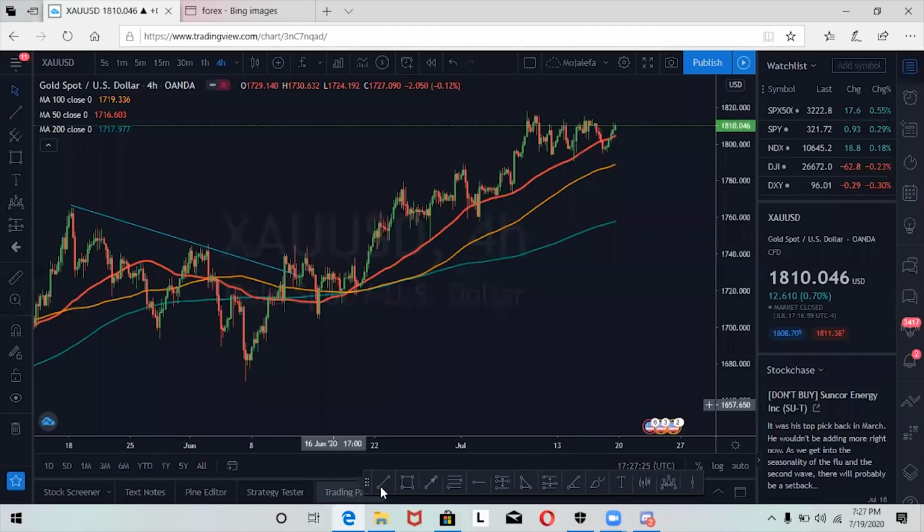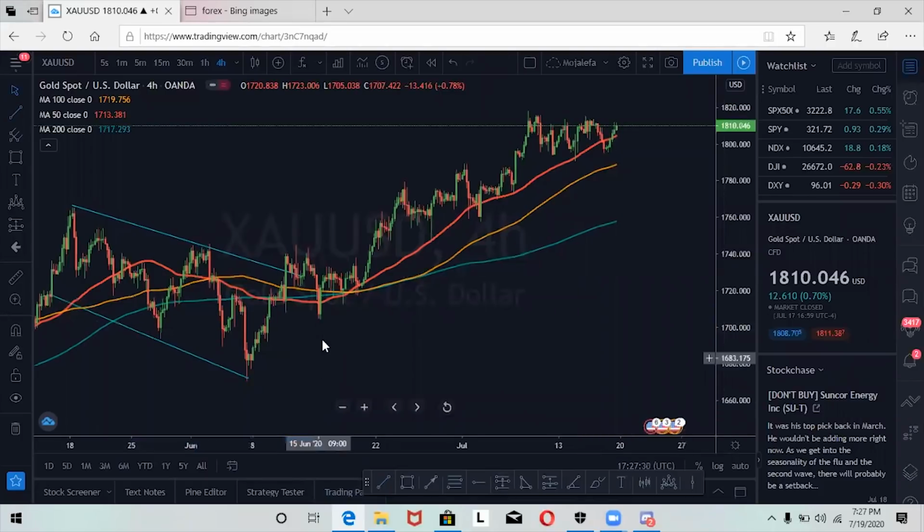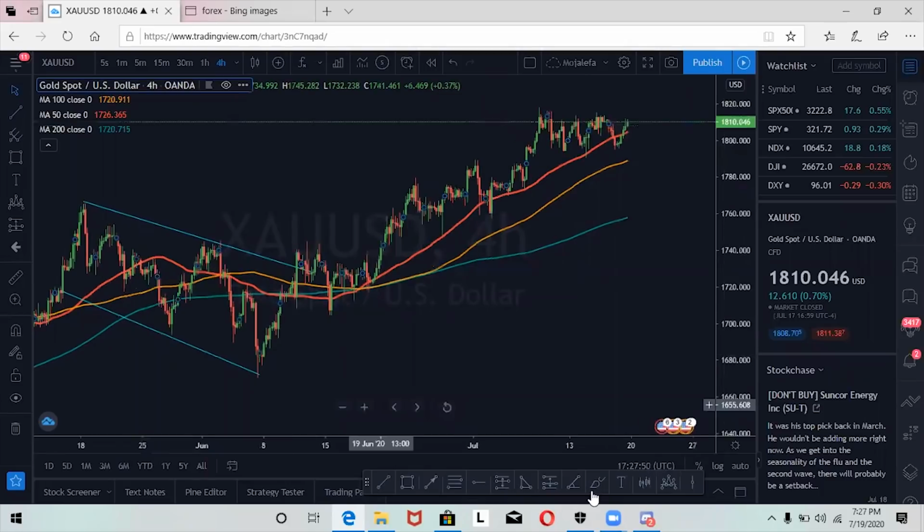So if I use this strategy, I use it as a confirmation of what's going to happen. So this is a downtrend, right? I like the way this breakout formed. Let me use something to draw.